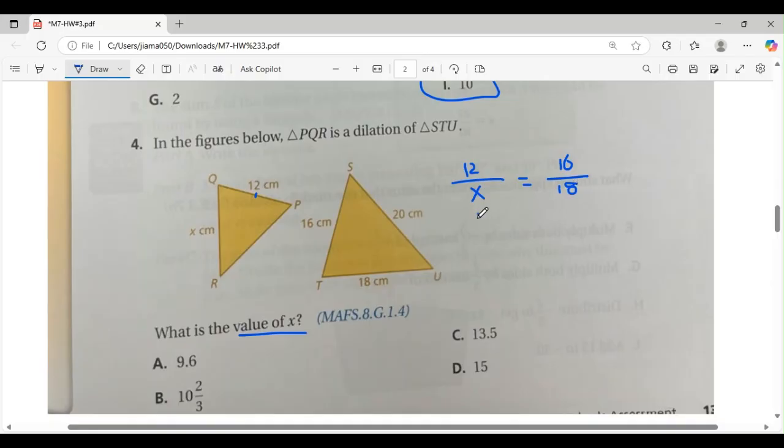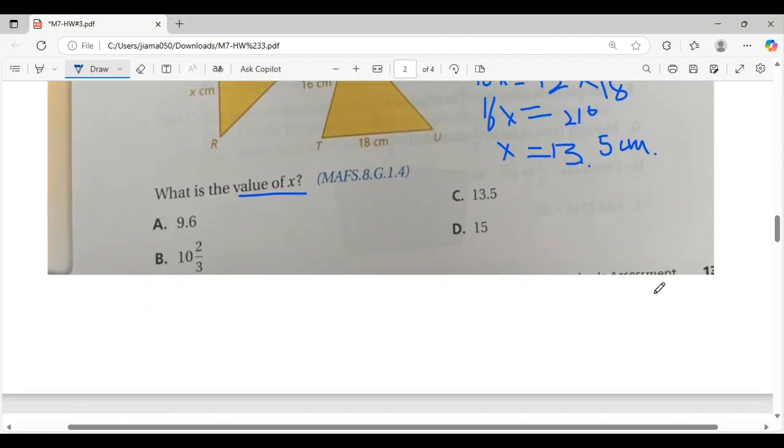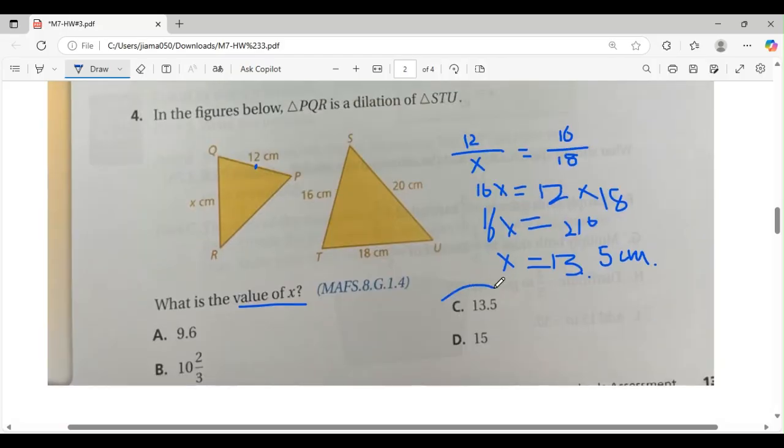Okay, let's calculate them. 60x equals 12 times 18, which equals 260. x equals 13.5 cm. Okay, which is C.